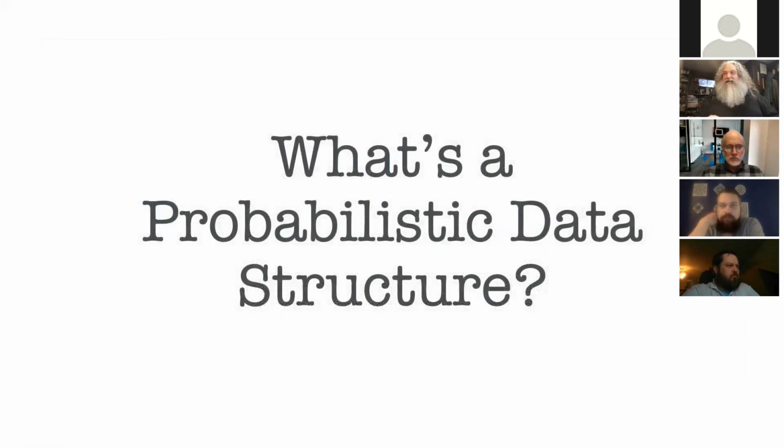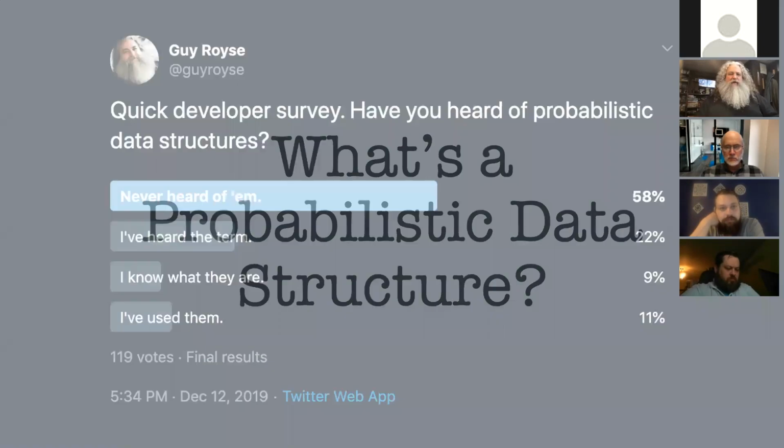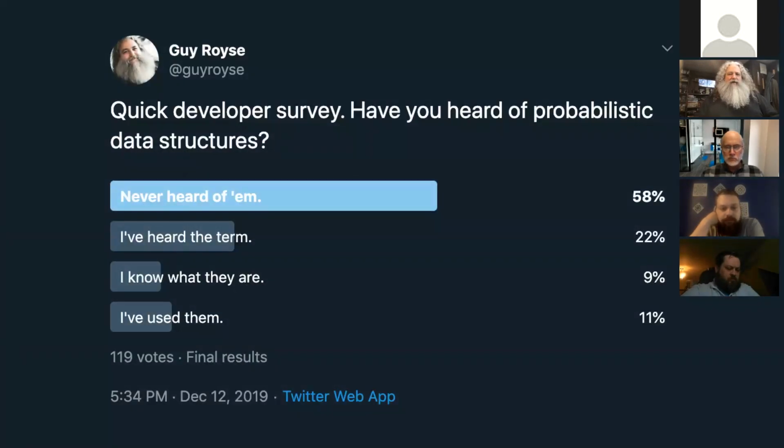That is in Python. I asked earlier, what's a probabilistic data structure? I actually went on Twitter when I was putting together this talk because I wanted to come up with a clever name. I was going to call it improbabilistic data structures or something like that, to work with that UFO theme. And I said, have you heard of probabilistic data structures? Almost 60% had never even heard of them.